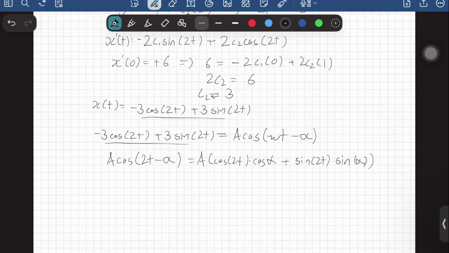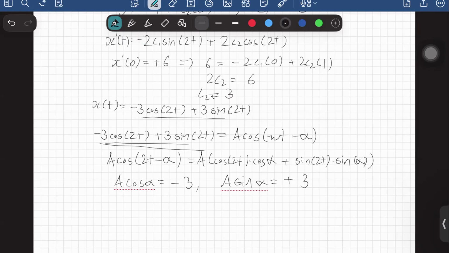And right now we just have to match our coefficients with the ones given to us over here. That brings us to a cosine of alpha is equal to negative 3, and a sine of alpha is equal to positive 3.